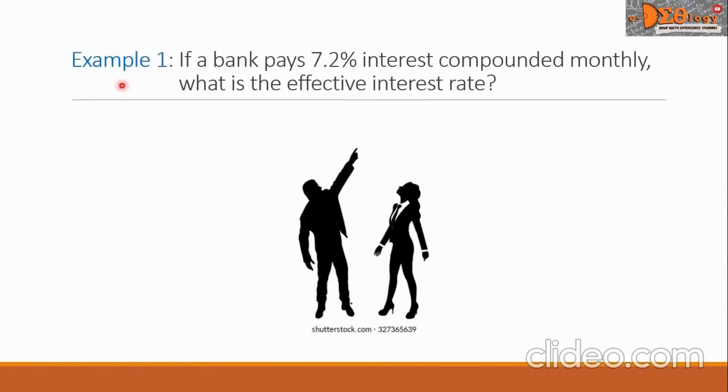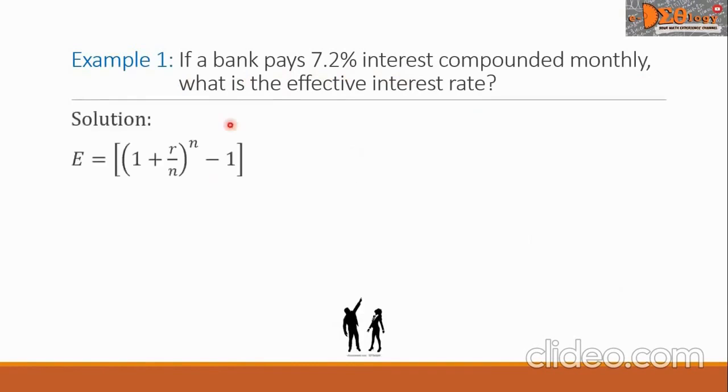Let us see this example 1. If a bank pays 7.2% interest compounded monthly, what is the effective interest rate? Let us write the formula here, and let us begin to write the given of the problem, starting with the rate denoted by r, and that is the 7.2%.